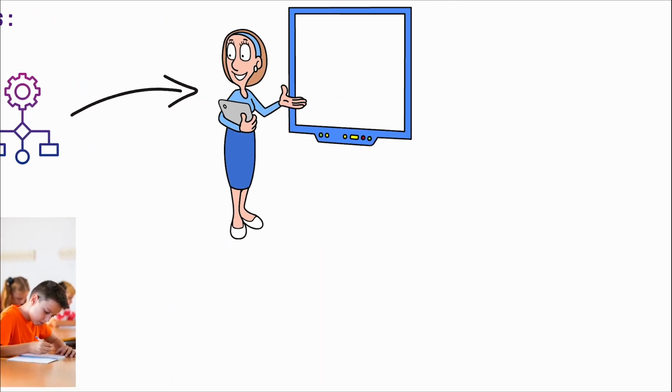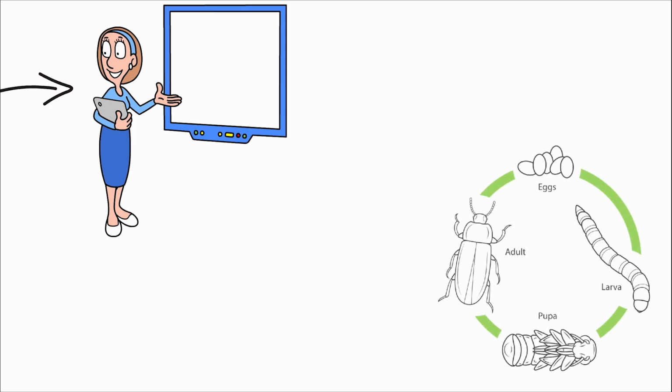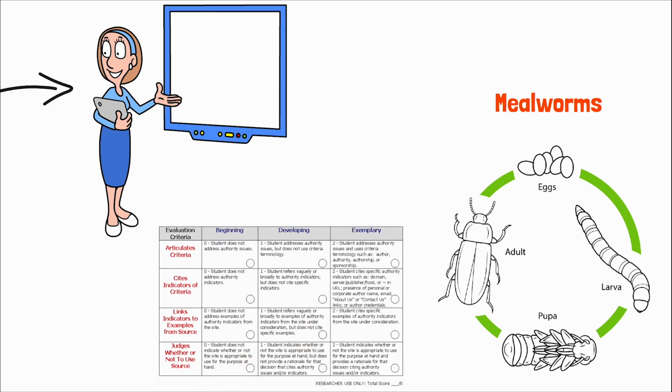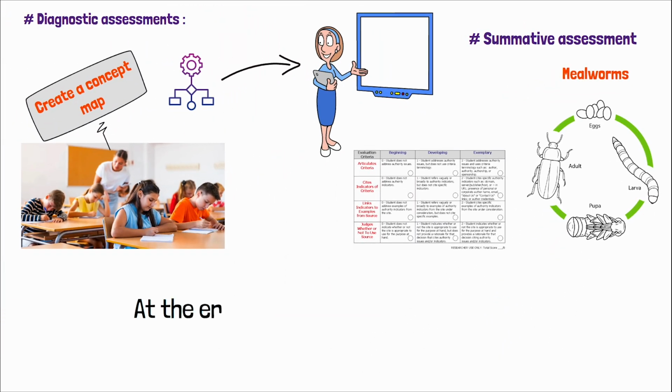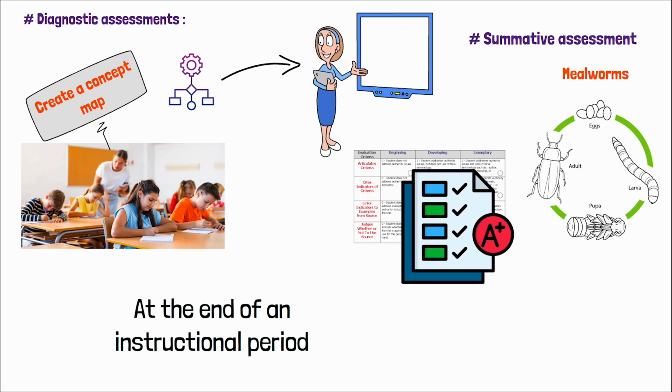Similarly, asking students to draw and label sketches that illustrate the sequence of an organism's life cycle, such as mealworms, and using a rubric to evaluate these drawings is an example of summative assessment. This type of assessment measures student learning at the end of an instructional period and provides objective criteria for grading.